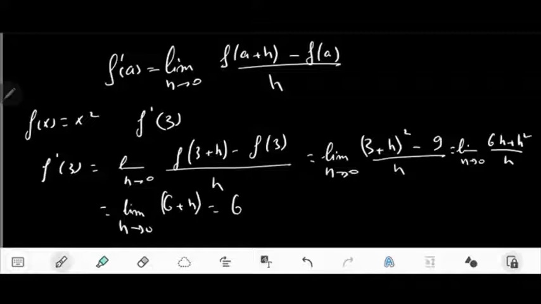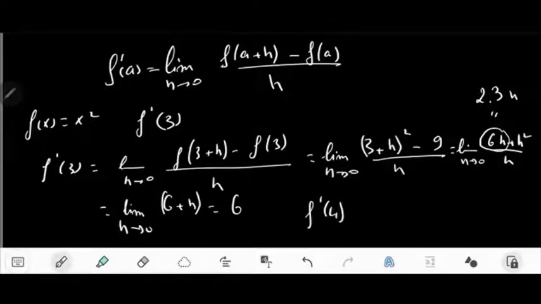If we look closer, this 6, where did it come from? It came from this term in here, which is equal to 2 times 3, because it's the double product of the identity (3 plus h) squared. It's 2 times 3 times h, right? And if you change the 3, if you calculate the derivative now, f prime at 4, it will be how much?